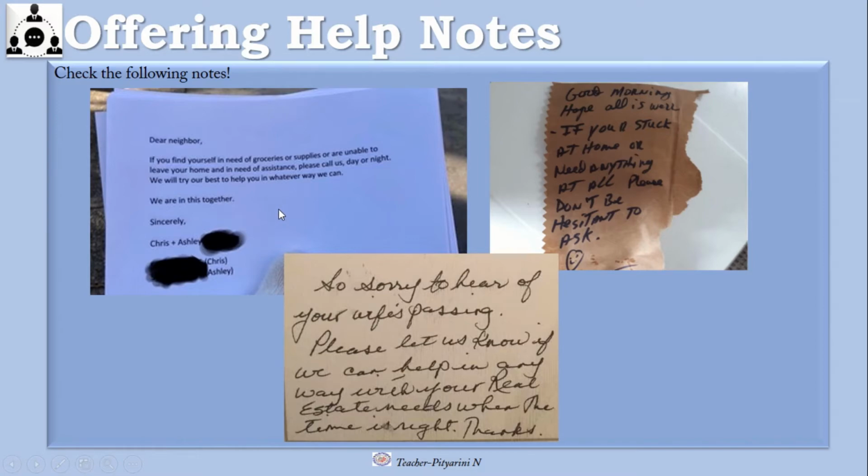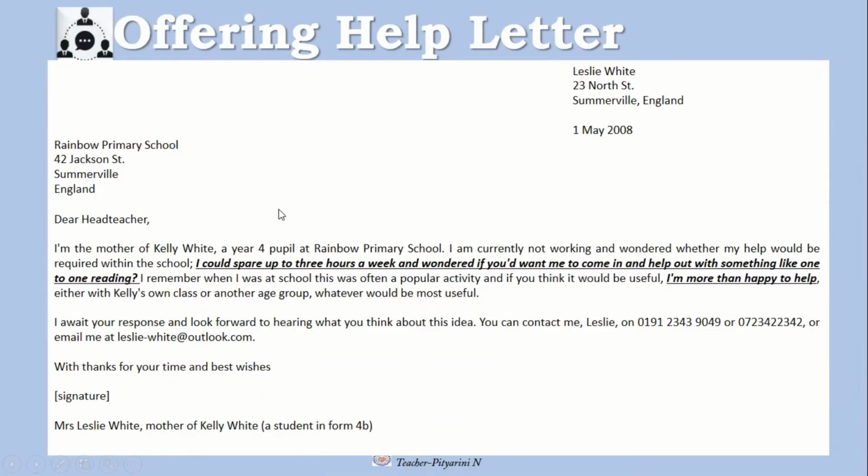Okay, what about the formal one? Let's see here. Here we have an example of offering help letter written by a mother offering help to the school where her daughter is studying. She's offering to have sometimes to accompany some students to have one-to-one reading.